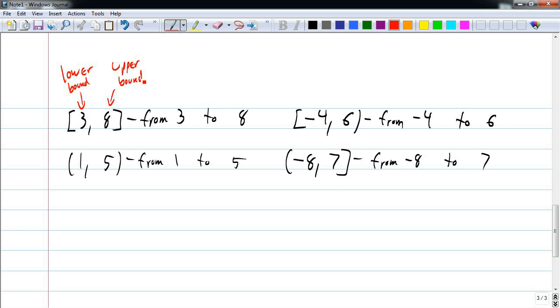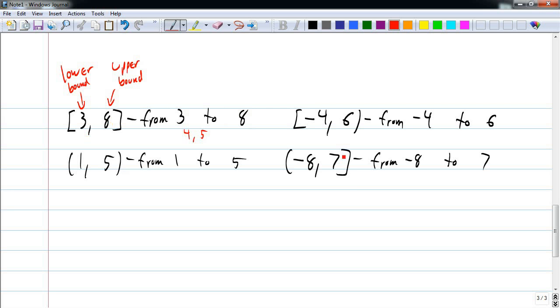So every number from 3 to 8 is included in this interval. That's 4, that's 5, that's 6, that's 7, but that's also the decimals. 5.2, 5.3, 5.33, 5.333, 5.3333333. All of those are included in this interval.